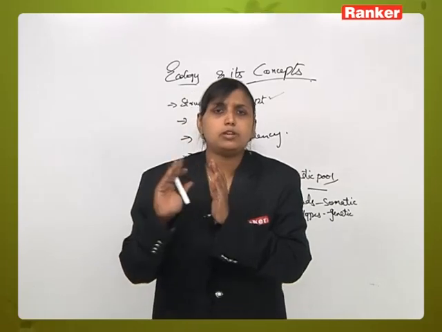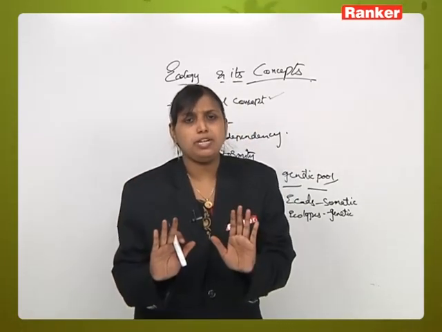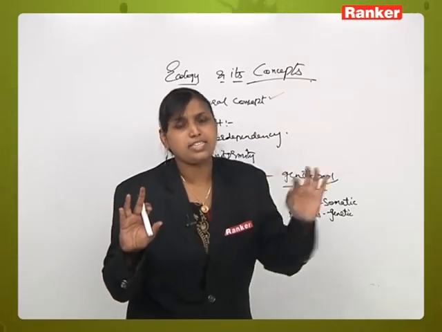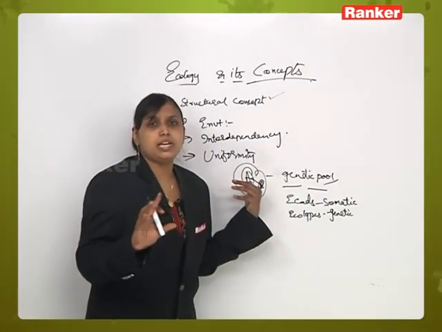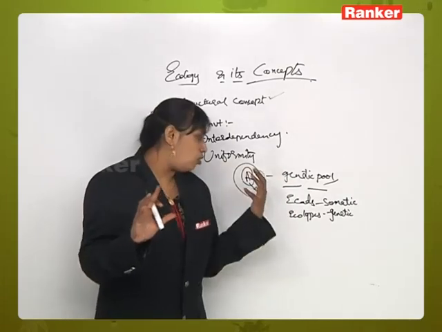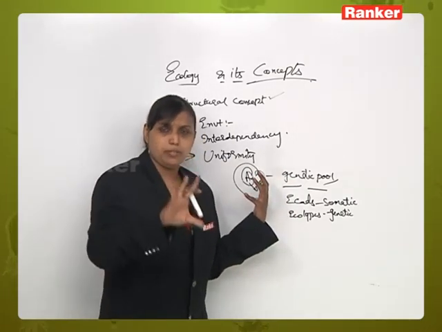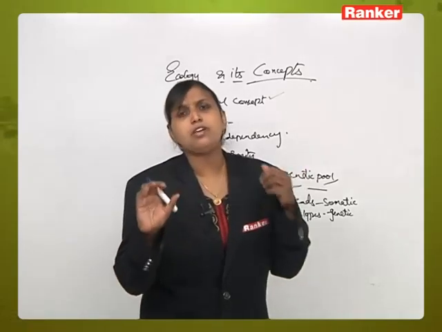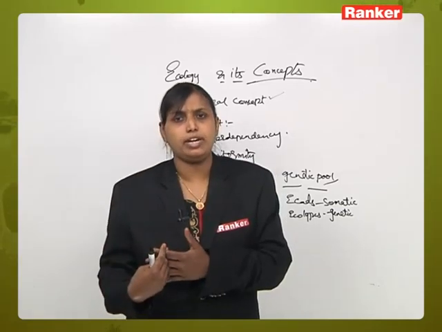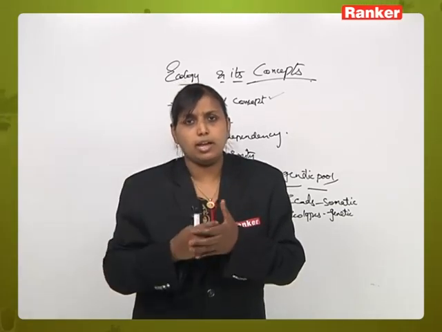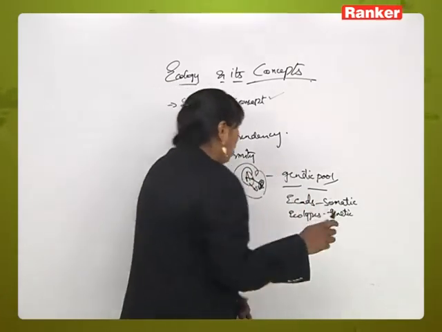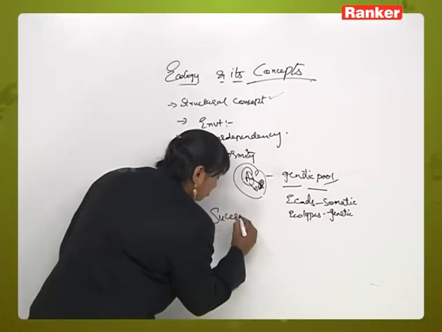When we talk in terms of a modified environment, there is a possibility that the modified environment is not accepted by the organisms which are existing there, or the old organisms existing in the old environment may not accept it. Because of this, many new species will migrate, come and settle down in the modified environment. Outer organisms come and adjust to that modified environment. That type of process is called succession.